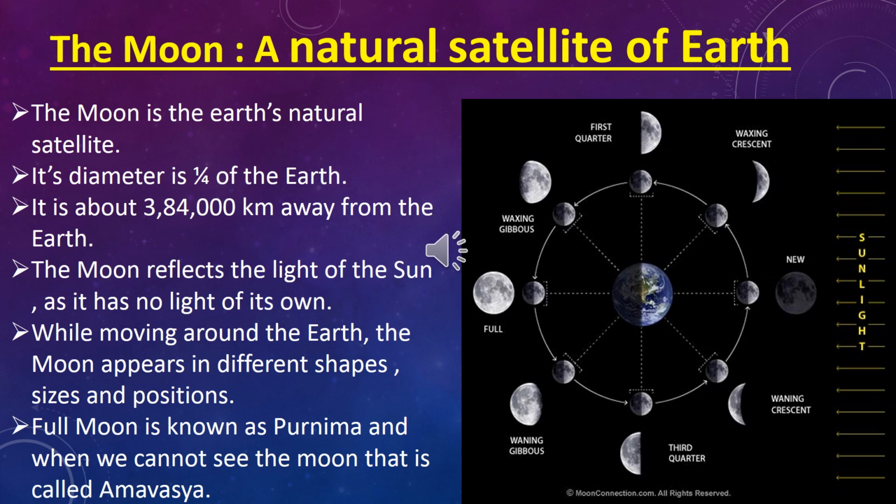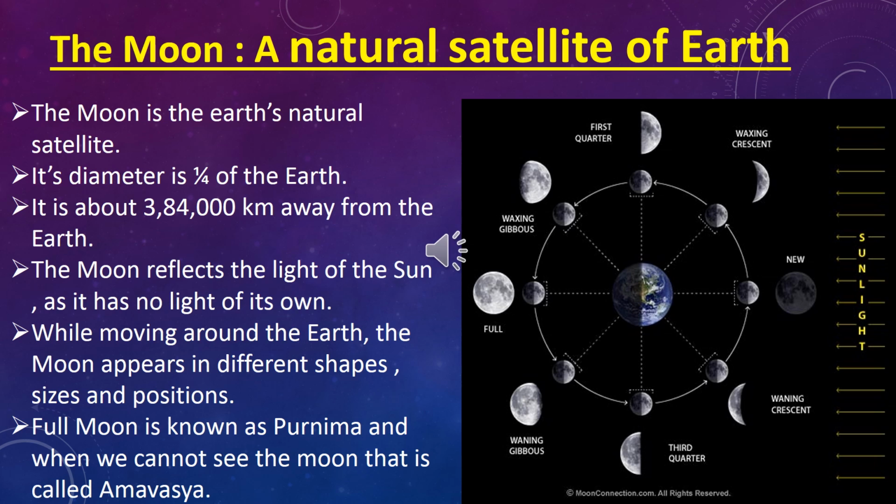We can see full moon once in a month when the moon is in all its beauty, completely round. This full moon only we can say Purnima. On this day, the Earth comes between the Moon and the Sun. We cannot see the moon a fortnight after Purnima. Why? Because it is called new moon night or Amavasya, as I told you.